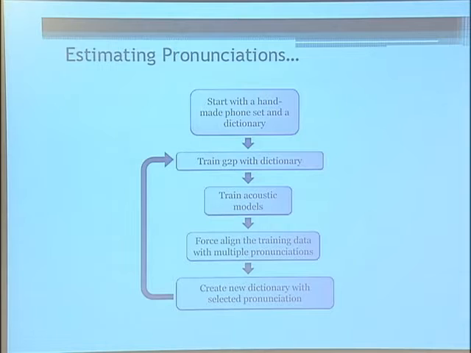So the whole process of iterative training here is to start with a handmade dictionary which is potentially very small, train a grapheme to phoneme model, generate some pronunciations first, train an acoustic model, then force align using multiple pronunciations, create a new dictionary with the selected pronunciations, and reiterate your training process.